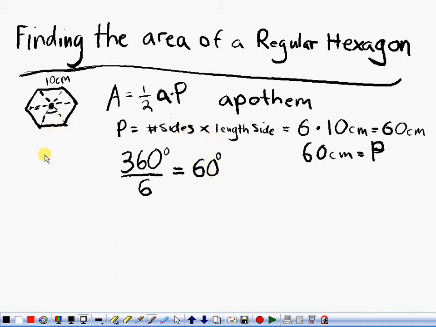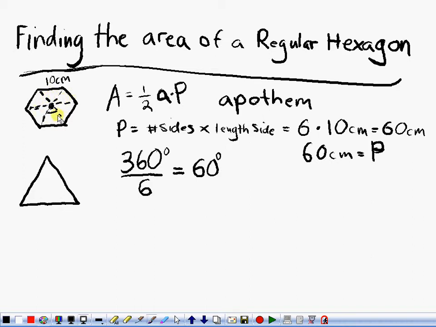Okay, I'm going to blow this triangle up even bigger. So this is representing this triangle down here. You might be saying, well, do I have to use the bottom one or can I use the top one?